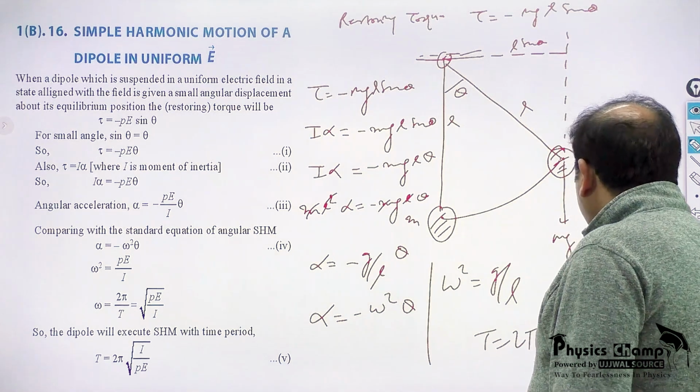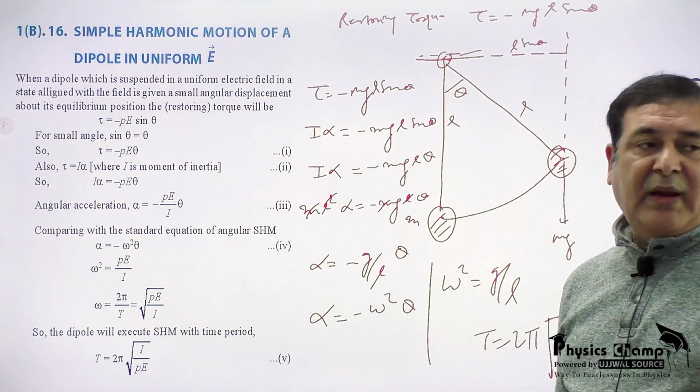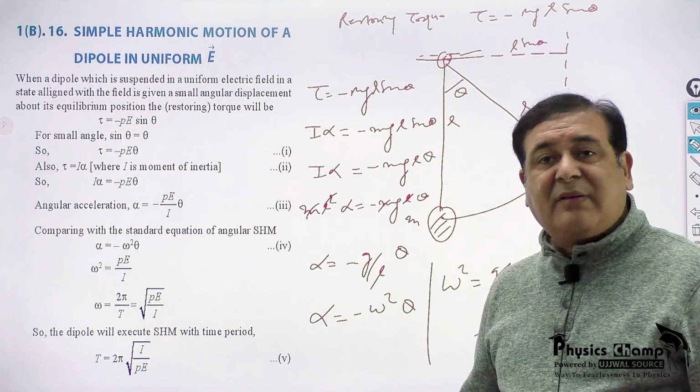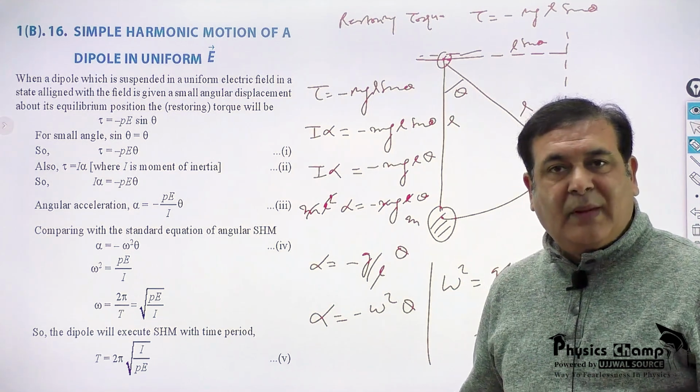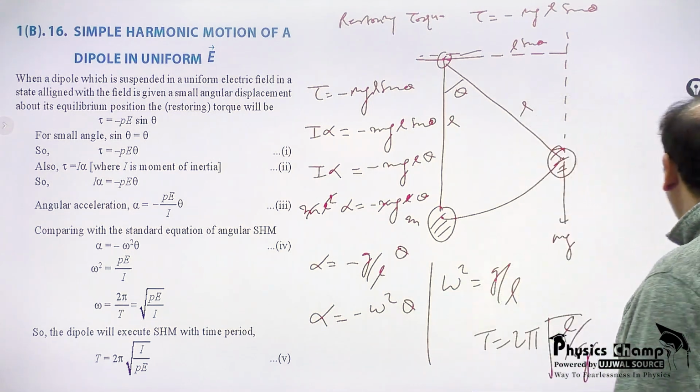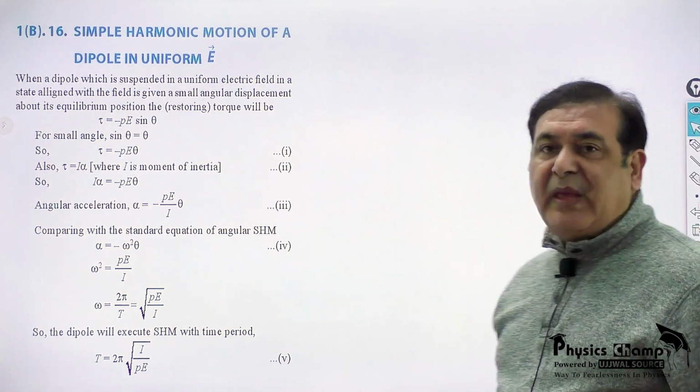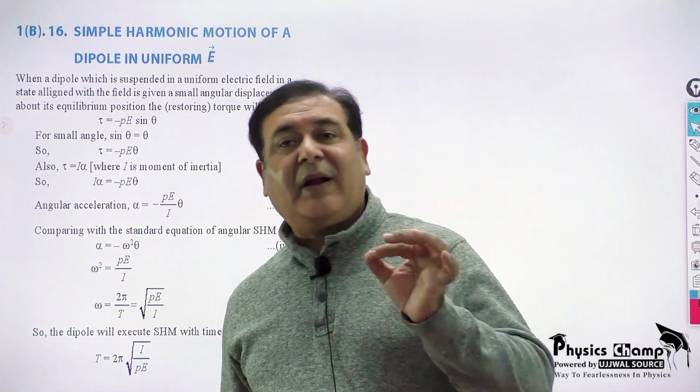So this is one way of looking at the time period of the simple harmonic motion that you have done in class 11. Exactly the same way we will talk about simple harmonic motion of an electric dipole in an electric field.